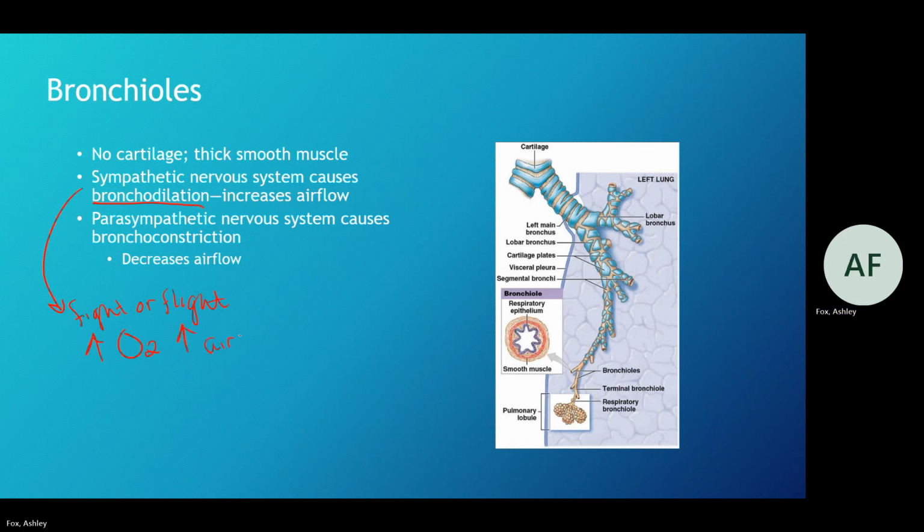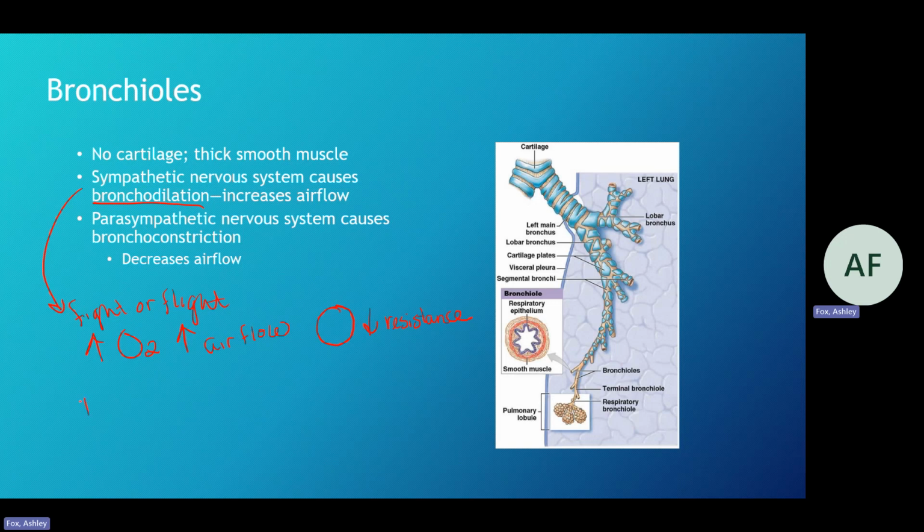Airflow. How are you going to do that? You're going to increase the diameter of those bronchioles. So you get a larger tube and less resistance. Think of the straw: a big straw, you can get more in. That's going to happen with the sympathetic.